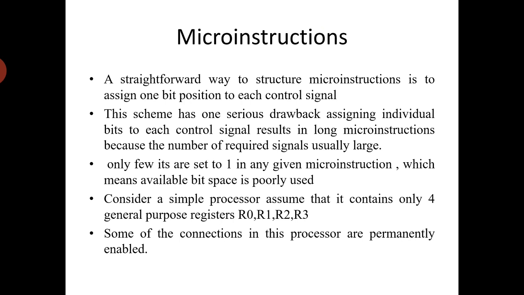Having described a scheme for sequencing microinstructions, we now take a closer look at the format of individual microinstructions. A straightforward way to structure a microinstruction is to assign one bit position to each control signal.